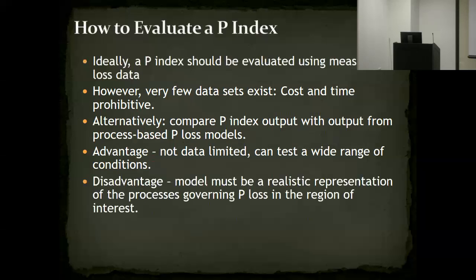But the underlying assumption is that that model is actually truly a better predictor of phosphorus loss than your index. And surprisingly enough, we don't know that that's necessarily the case. Just because you have a bunch of really fancy equations does not necessarily mean that that's a better representation of reality, that you're capturing what's going on at the field scale.